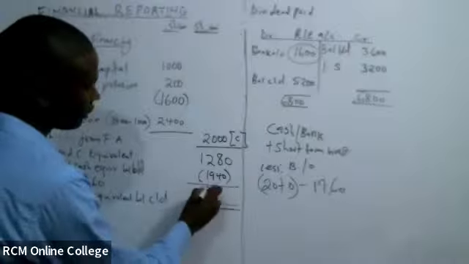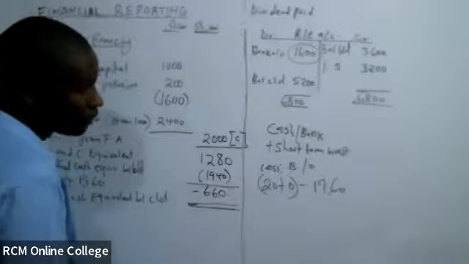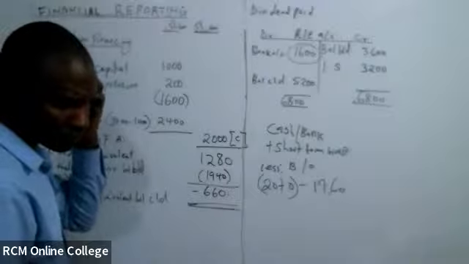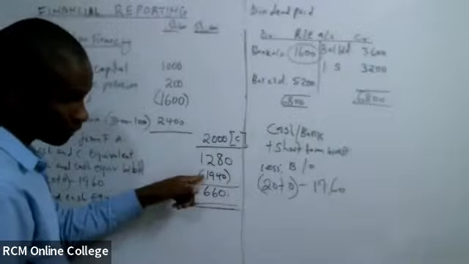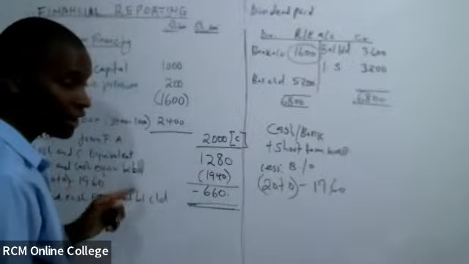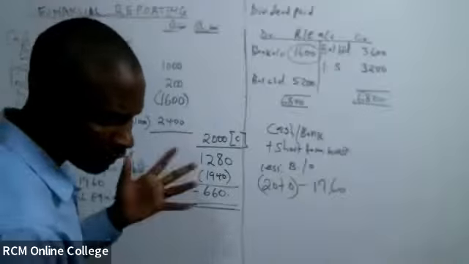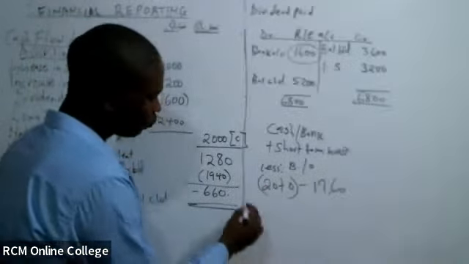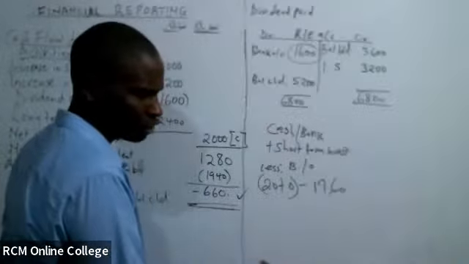It will be minus 660. To prove this, this is minus, that is minus. See, now 20 minus 1960, it will be a negative. So just check, it will be a minus there. Now, we want to prove whether this was the right position.